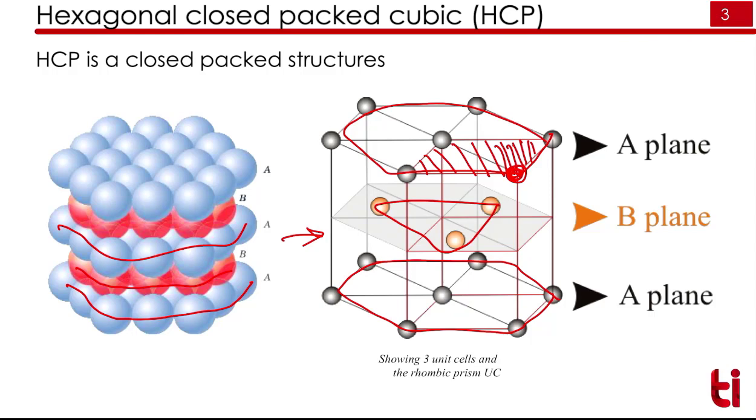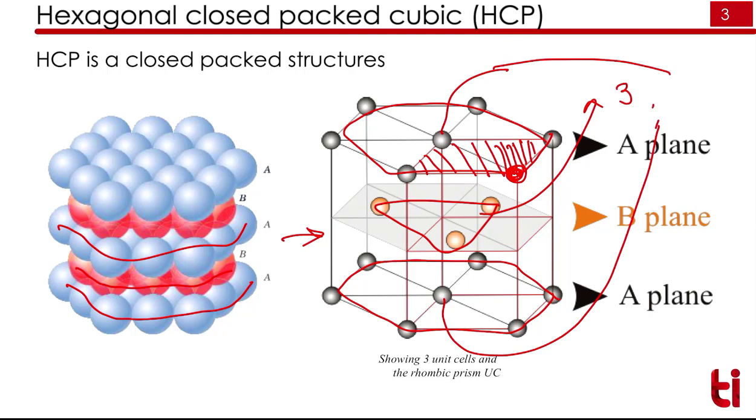So total number of atoms, now we will see. This will come to 3 count because these are inside the unit cell. So total count is 3. This and the bottom one, they will share 1 because they are on the face and will give half of their part. So now total 3 plus 1, and again at the edge there are 6 on the top side and 6 on the bottom side.